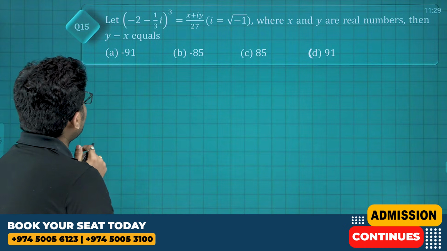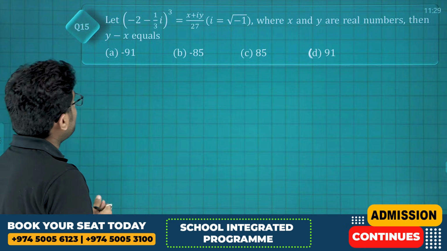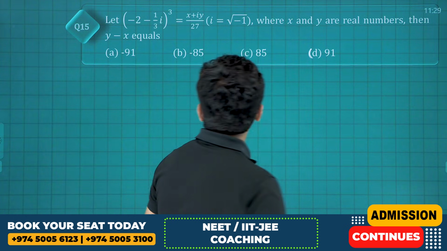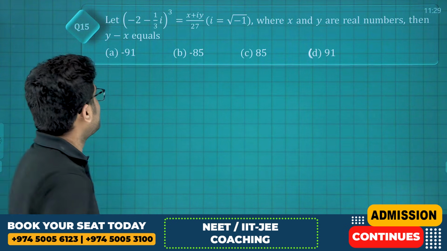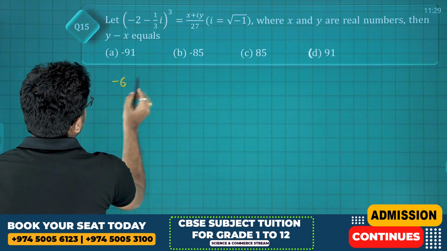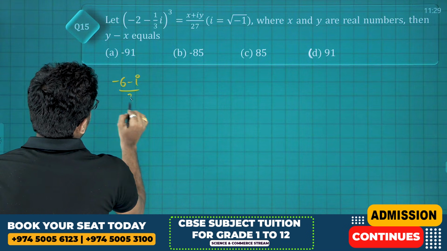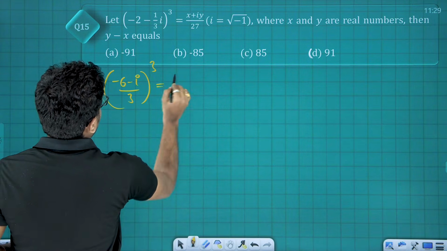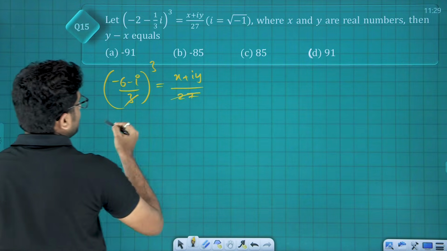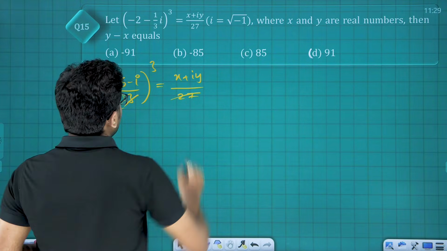let (-2 - 1/3 - i/3) whole cube is equal to (x + iy)/27, where x and y are real numbers, then y - x is equal to, let's see this friends. 3 twos are 6, that is (-6 - i)/3 whole cube is equal to (x + iy)/27. Anyhow this gets cancelled because 3 cube is 27.